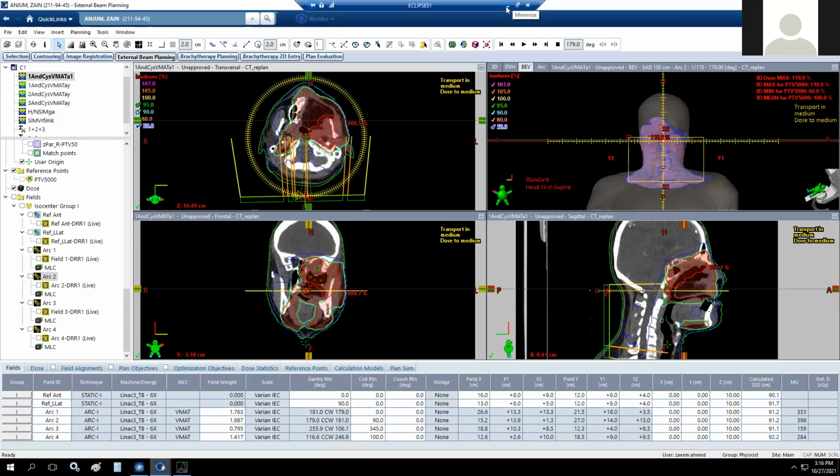Sir, there is a question in the chat box. How much coverage can be compromised when restricting those two organs involved in PTV? It depends on how much tolerance your physician has to accept in the PTV coverage. To be honest, I have no better answer, because if your physician wants total 100% coverage along with sparing the organs involved in that, you can't do that.